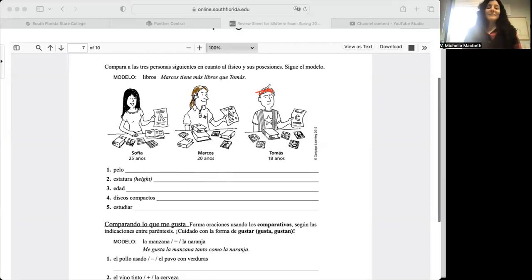All right. So now we're going to compare the hair. Even if this guy has brown hair and this other guy has red hair, Sofía's hair is black, so it's going to be darker than the other hair. That is a great way to start our comparison. So we will put, because Sofía has black hair, Sofía tiene el pelo más que.